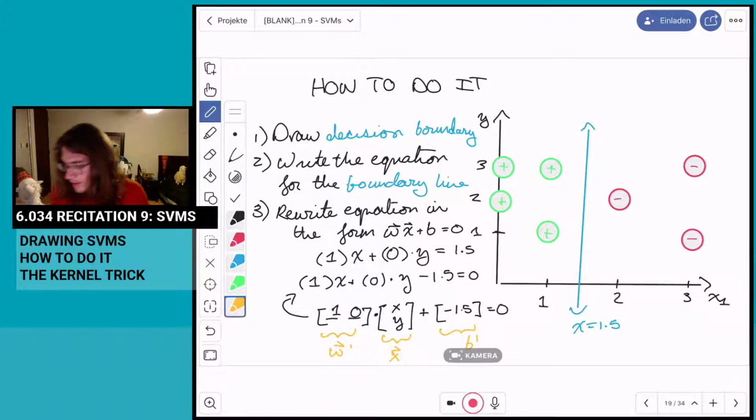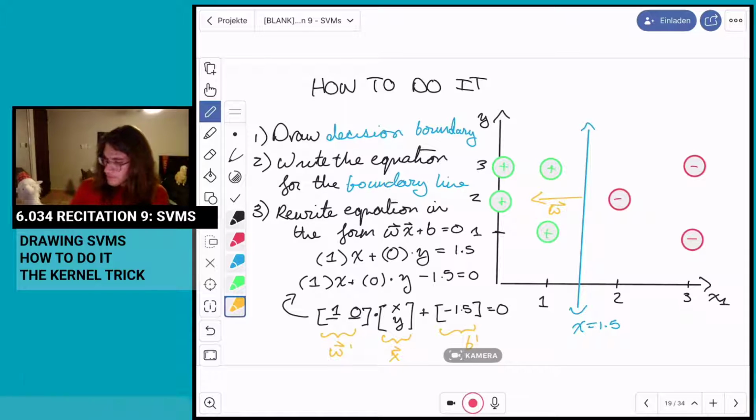And why do I say that? Let's take a look at the decision boundary. If this is the W vector, in reality, what's to stop me from making the normal vector infinitely large or infinitely small in magnitude?